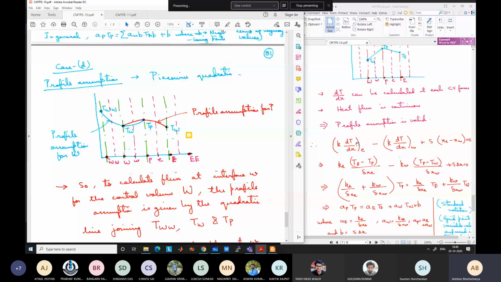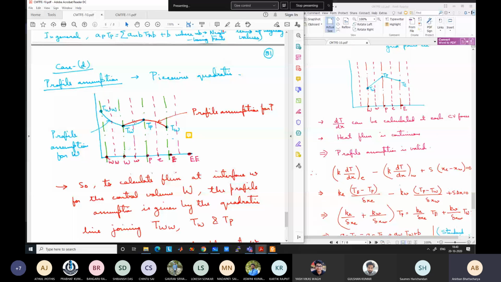Based on the red curve, I can calculate dT/dx from the slope of the red curve at the point small w, because that is the interface, and I will get some value of dT/dx. So I can calculate k dT/dx west. Similarly, I can calculate k dT/dx east based on the same red line. So up to this point, there is no issue.